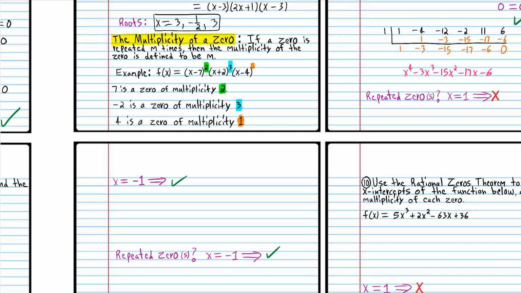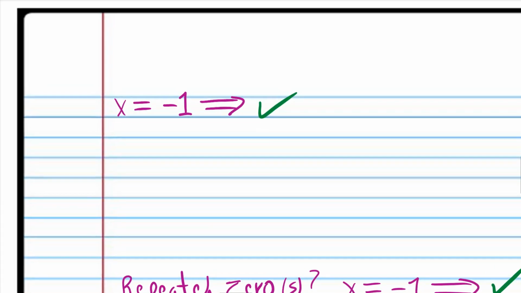So again, based on the factor theorem, that tells us that x plus 1 is a factor of this depressed polynomial. So if we divide by x plus 1, we can reduce it to another depressed polynomial. So let's use synthetic division, and we're going to divide by x plus 1.